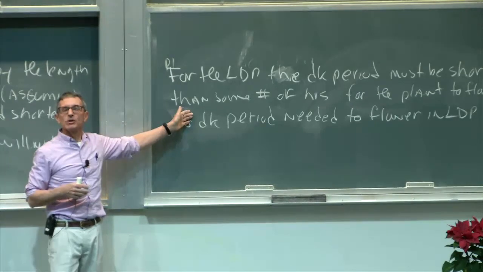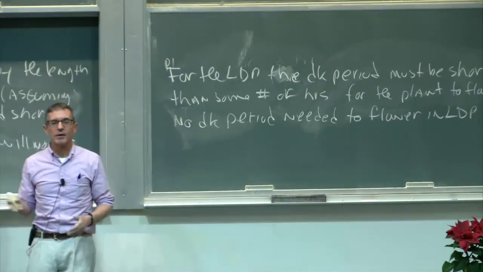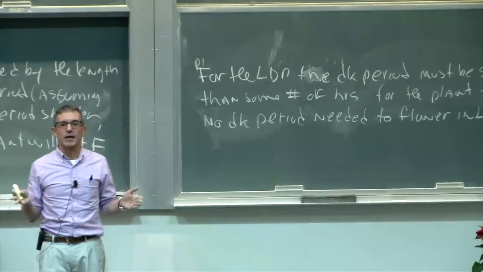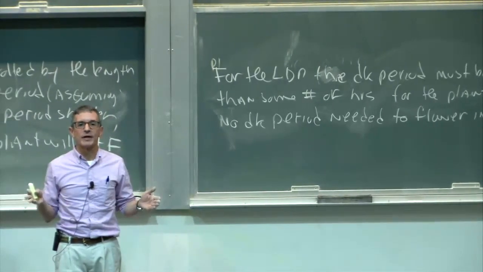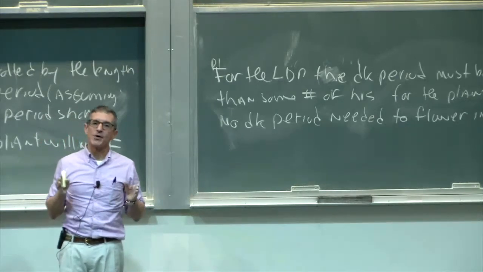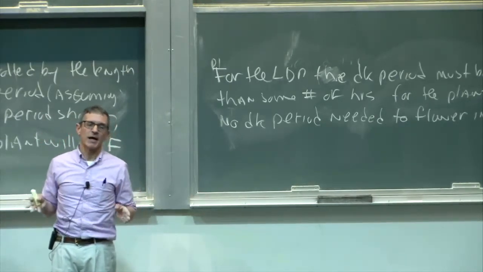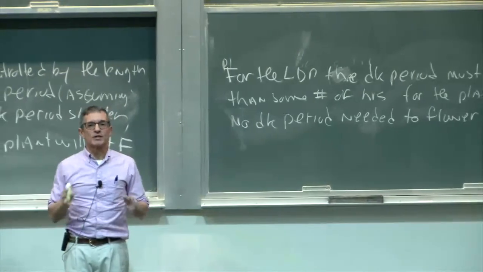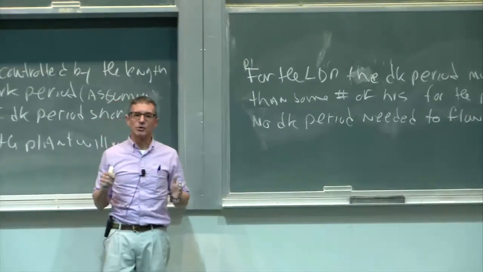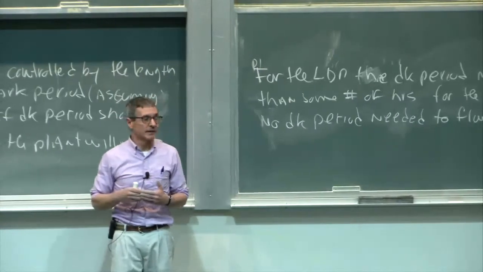So we still use the terms short day plant, thinking that we have a short number of hours of photoperiod, and long day plant, a long number of hours of photoperiod. But in fact, what we really should be pointing out is the period of darkness, the short night plant or the long night plant. But the terms short day and long day were first used, and they are the terms that are applied.